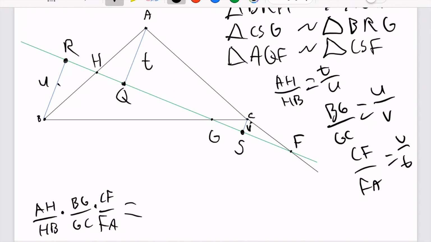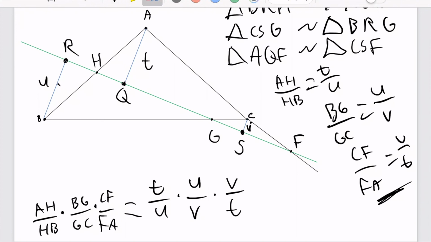Well, that's just going to be AH over HB, which is T over U, times BG over GC, which is U over V, times CF over FA, which is V over T. Now, what does this equal? Well, you can see there's a T being divided by a T, a U being divided by a U, and a V being divided by a V.